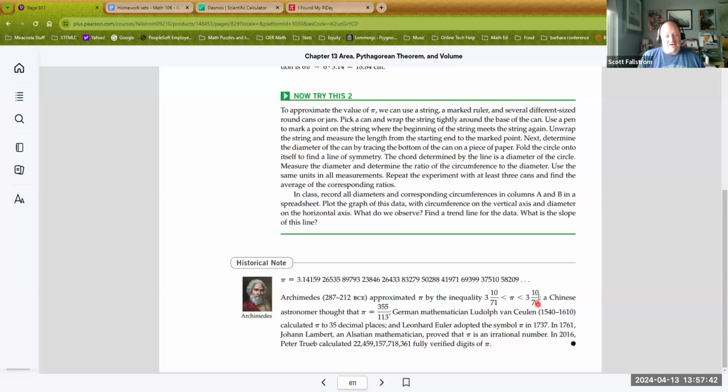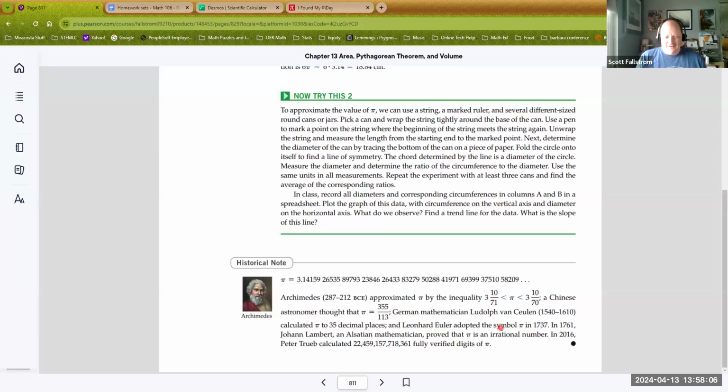Notice 10/70 is 1/7. That's what we got in class, 3 and 1/7. So with 10/71, he's kind of bringing the bottom up a little bit. He knows 3 and 1/7 was a little too big, and he comes down a little bit on that one. A Chinese astronomer used 355 over 113.